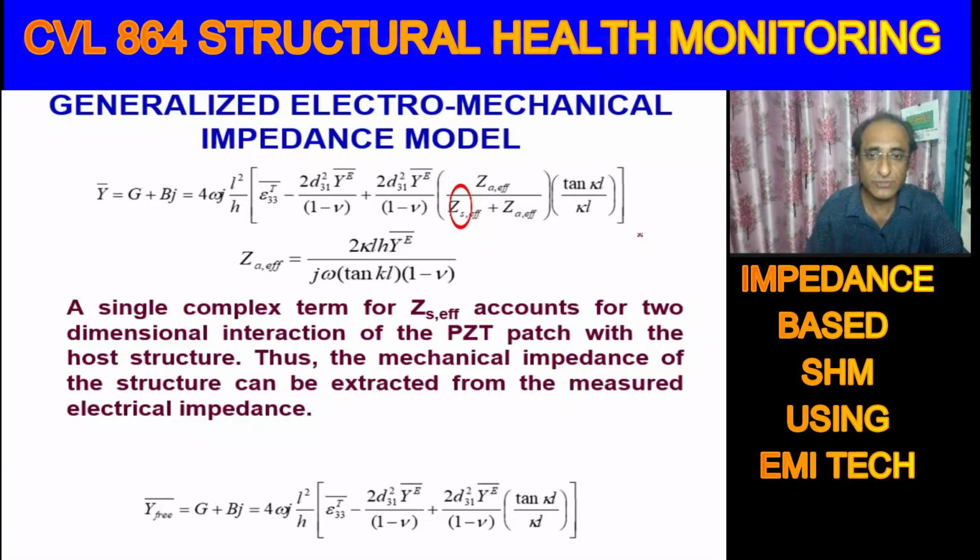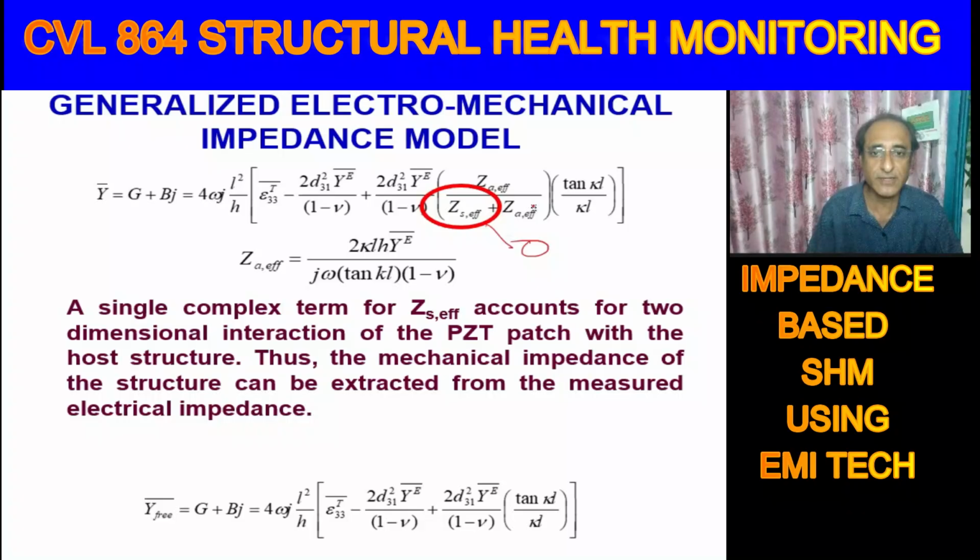So what we can do is get the parameters of the piezo patch in some simple way. For example, we derive the signature of a free piezo patch. Free piezo patch means that this term is equal to 0.